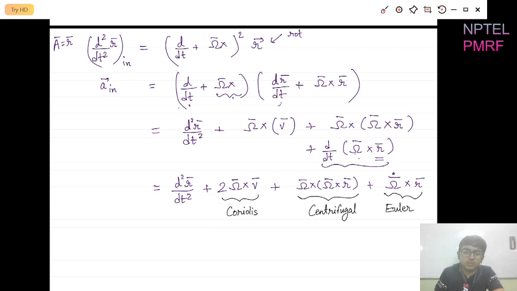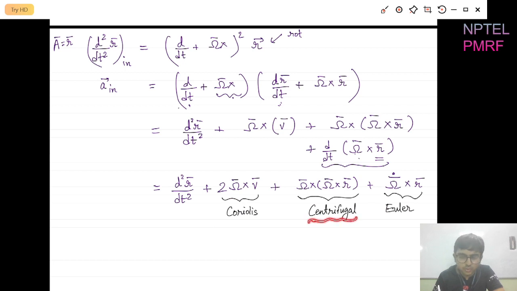One of the best examples of this is us. We live on Earth, which is a rotating frame, right? So if you very carefully measure the forces on objects on the Earth, you will see that force is not equal to mass times acceleration, and that is because Earth itself is not inertial. So there are three types of correction terms to this ma part. First is Coriolis, which is 2 times omega cross v.